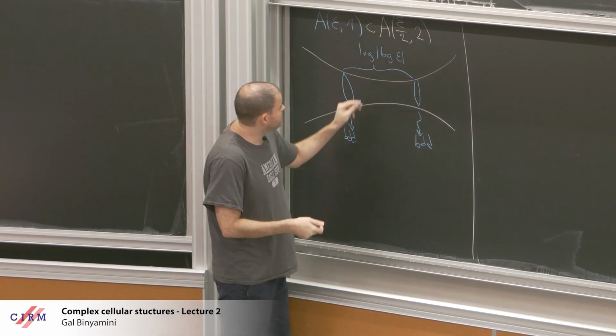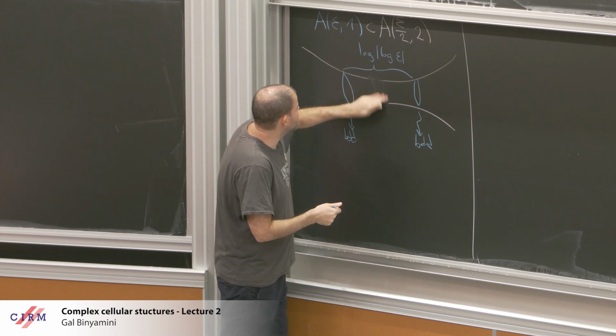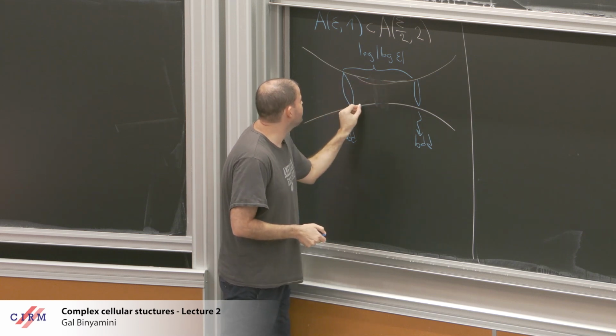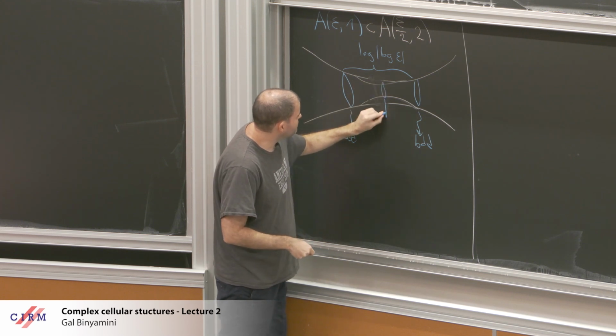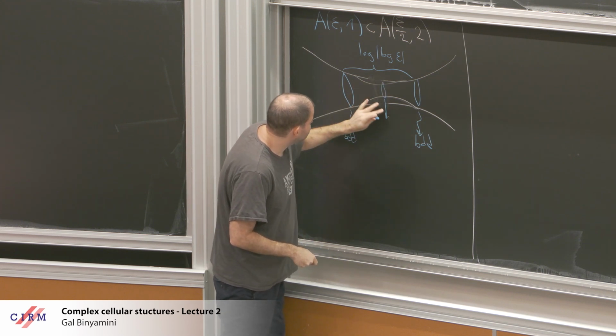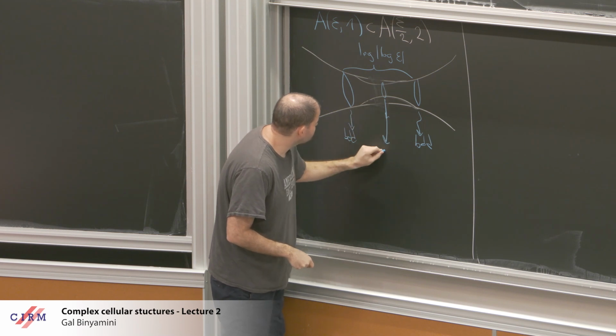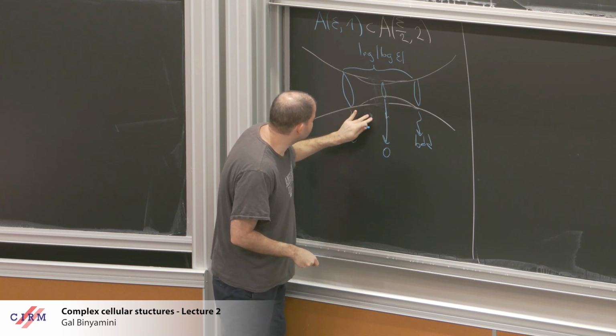Moreover, this part, to make an even better picture, should be like this and this. So this part gets pinched. This actually tends to 0 as epsilon tends to 0.